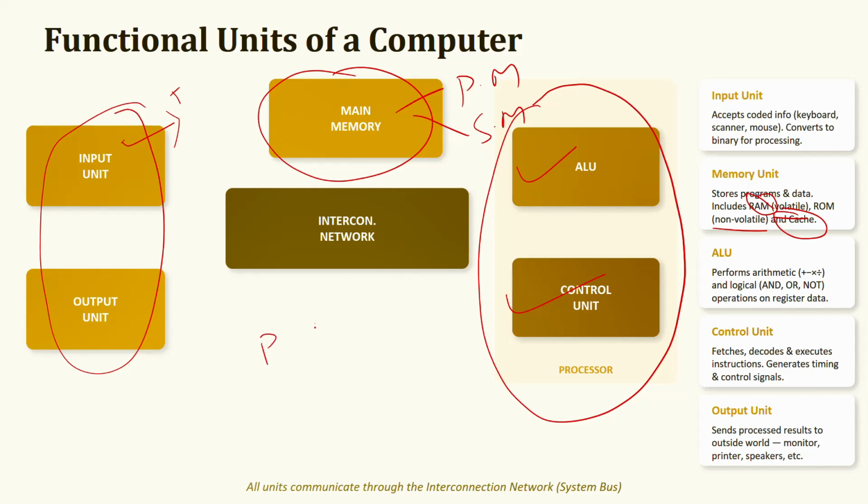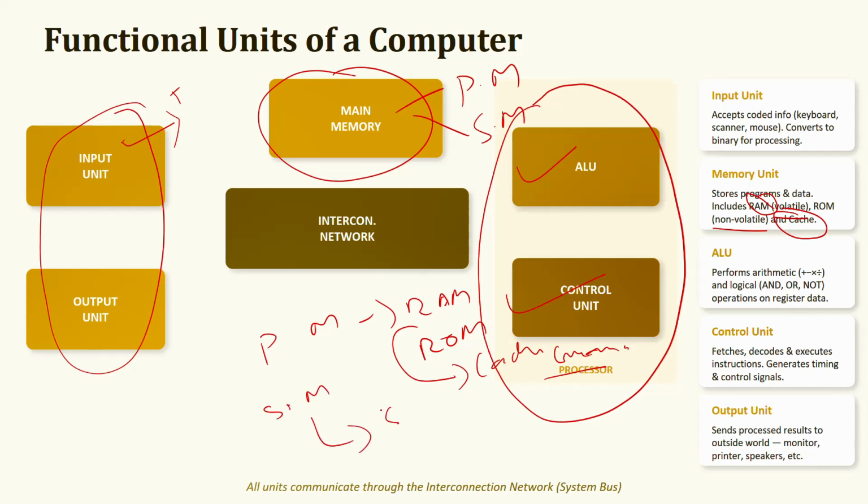So the primary memory has the RAM and ROM, and under the RAM, the cache memory is also stored in this primary memory. The secondary memory is the external hard disk and SSD hard disk. These are the things that come under the secondary memory.